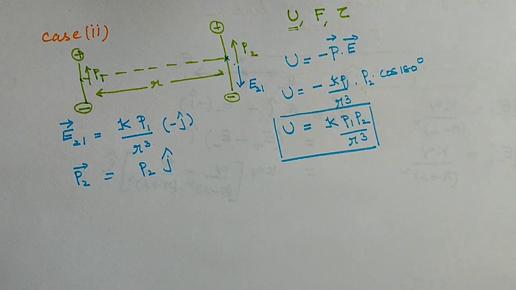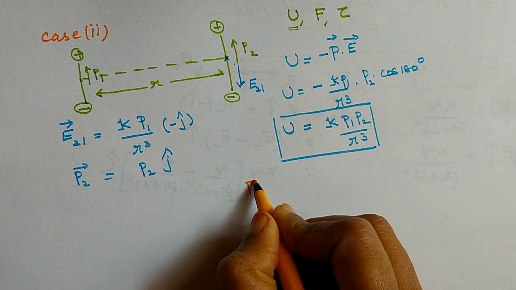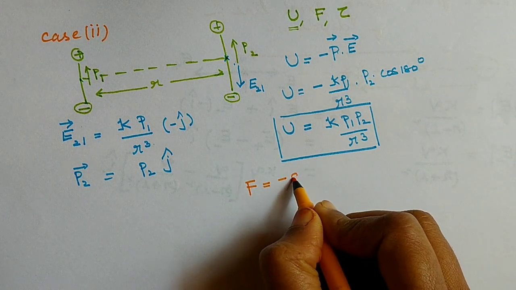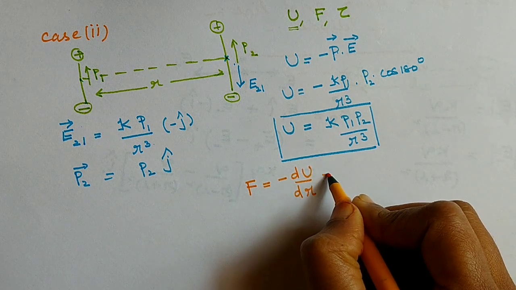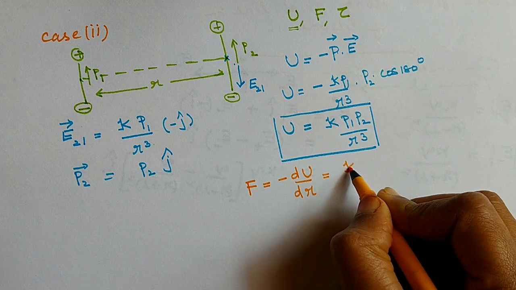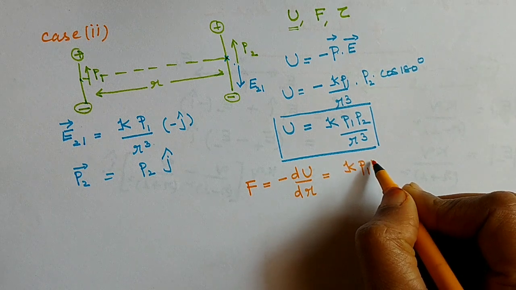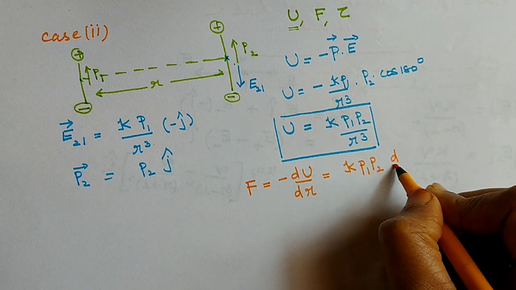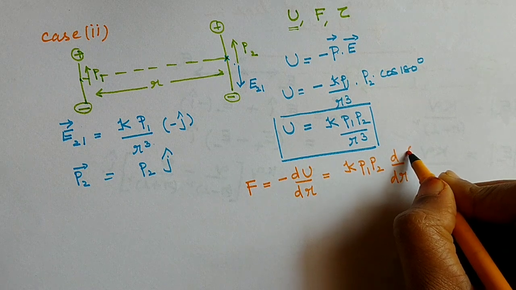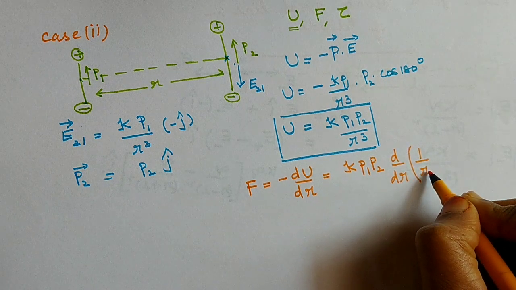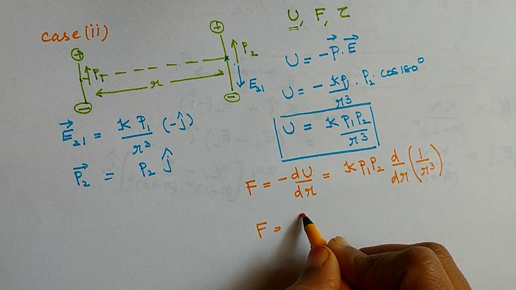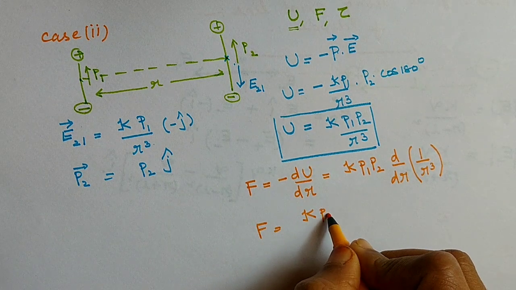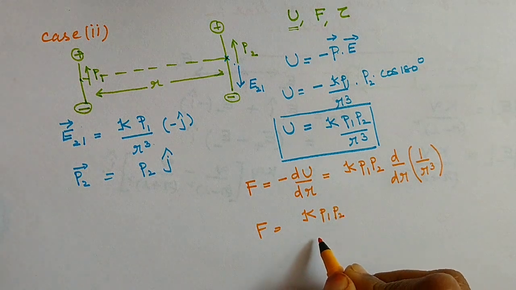And if you know the potential energy, you can determine the force. We know for all conservative forces, F is minus dU by dr. So differentiate potential energy term and taking out the constants outside, K P1 P2 d by dr of 1 by r cube, or F is equal to K P1 P2.